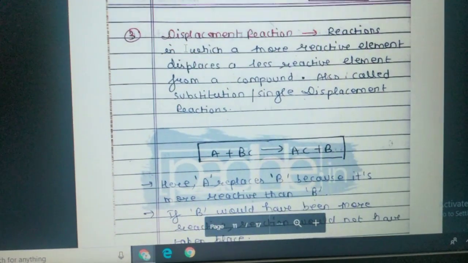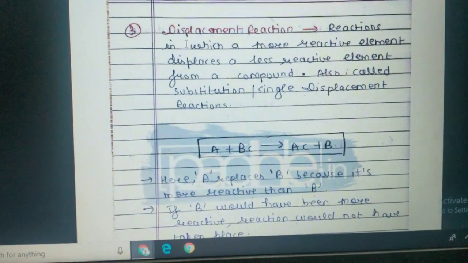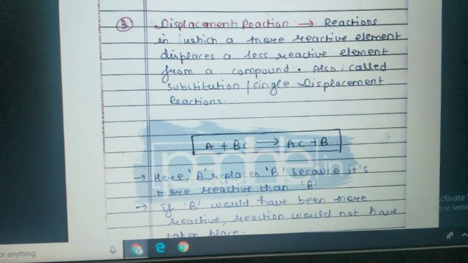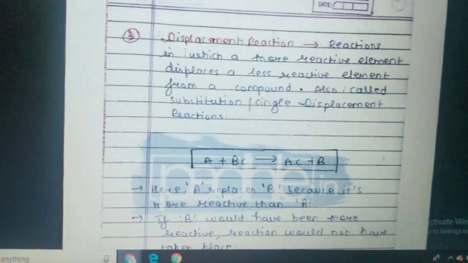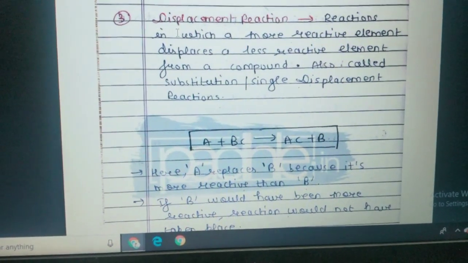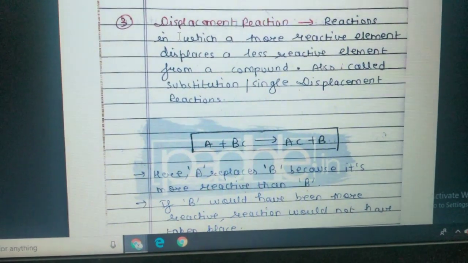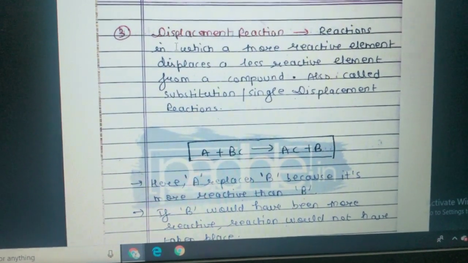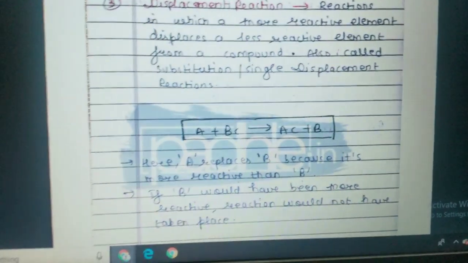Next is displacement reaction. A reaction in which a more reactive element displaces a less reactive element from a compound, also called substitution or single displacement reaction.